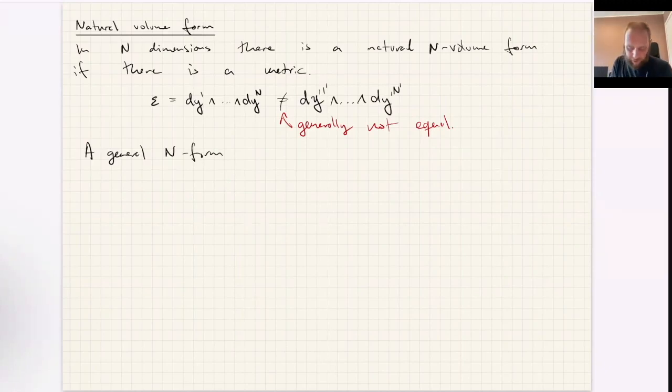I used omega in the lecture notes, so let me use it here also. A general n form is going to be some function f multiplied by epsilon, right? Where f is a function. So I want to figure out what is the natural value of this function f, so that I get kind of what I would like to have.